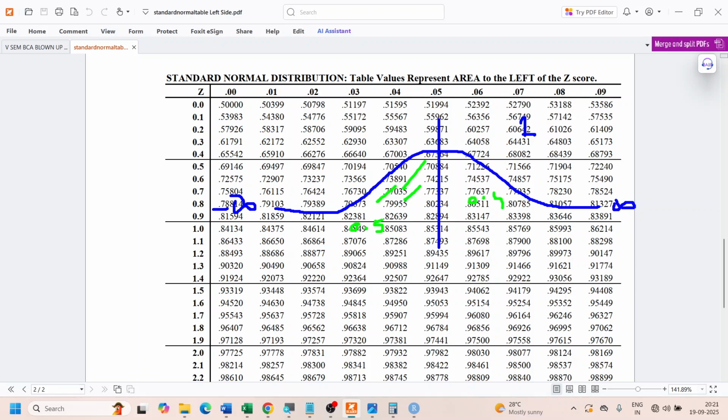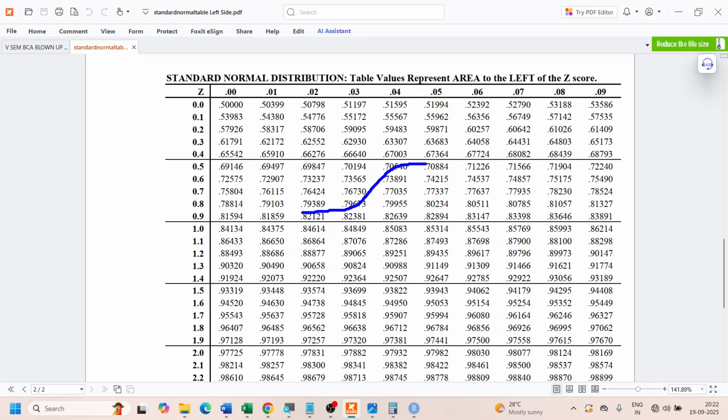Suppose you are starting from the left side, if you calculate all the values from the left side, going up to here, then you can use this one. You can notice the area to the left of the Z score. So that is what is being given. What is the meaning of that? You have the bell curve here.